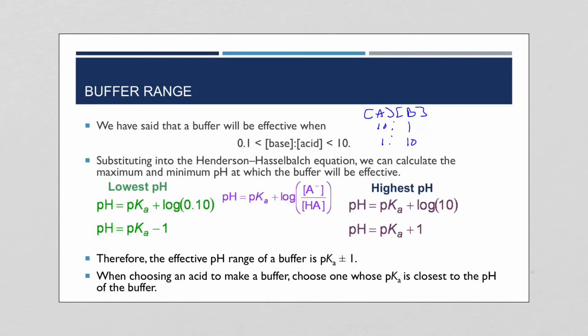Now, if we use the Henderson-Hasselbalch equation to mimic these numbers and what it might look like, if I plug in the lowest ratio. Remember, the Henderson-Hasselbalch equation uses the ratio of the base to the acid. So in this case, if I have 10 times as much acid, so this ratio is 1-to-10, then I get this scenario, and I get a pH that is equal to the pKa of my acid minus 1.